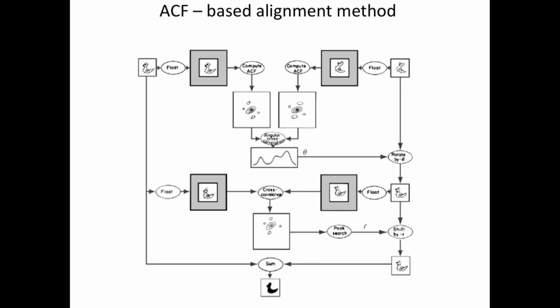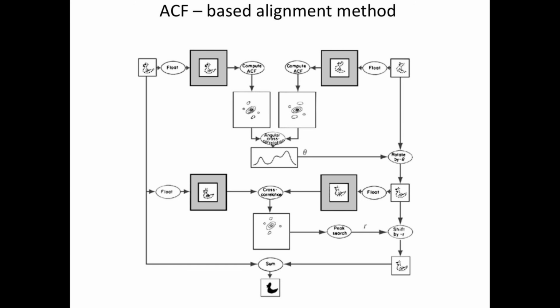Now you do an angular cross correlation that gives you a certain peak at a certain angle, theta. You feed this theta to the second image, make a rotational adjustment of this image, and then you're sure that you have the images in the correct orientation.